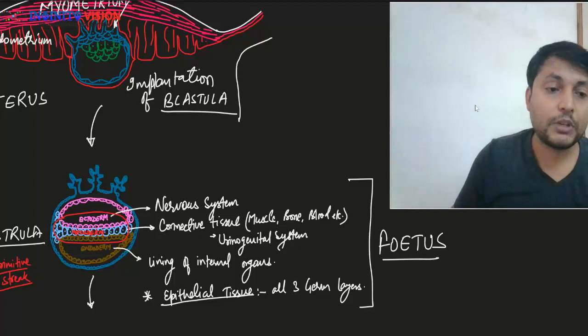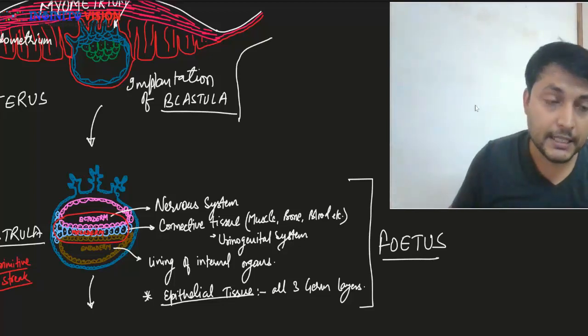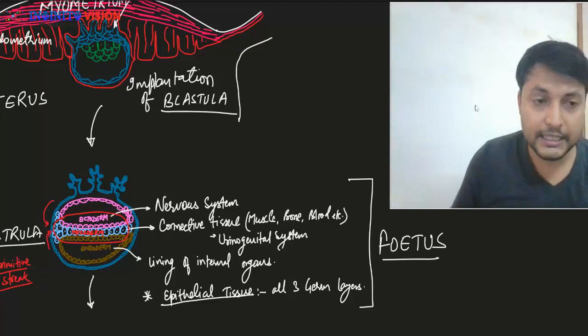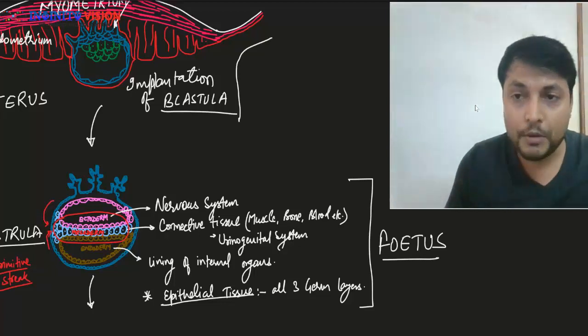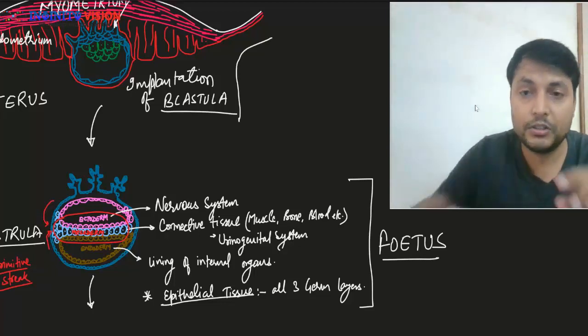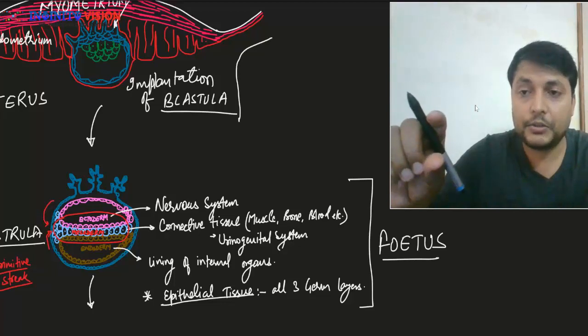Okay. One more thing. Now when this gastrulation occurs, the cells migrate from this end. So the movement of the cells occurs from this end inside this layer to form the primitive streak, and later on this entire germinal layer.